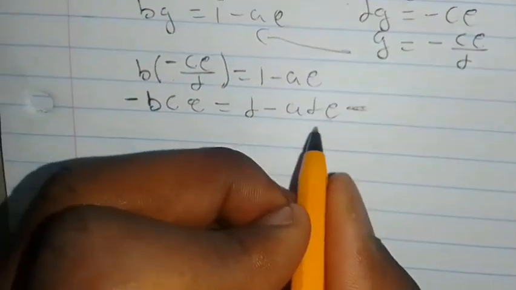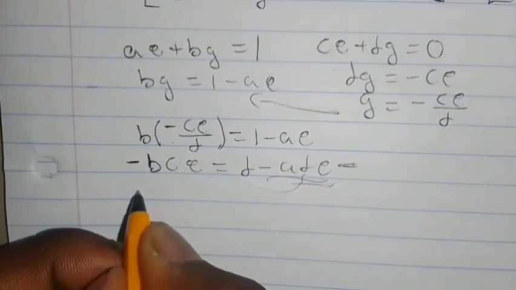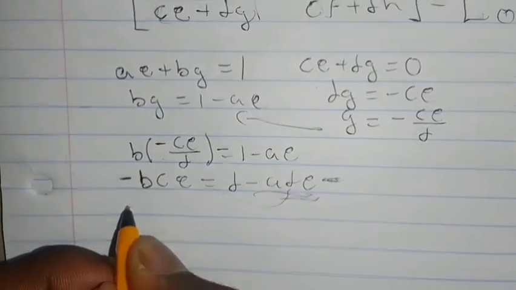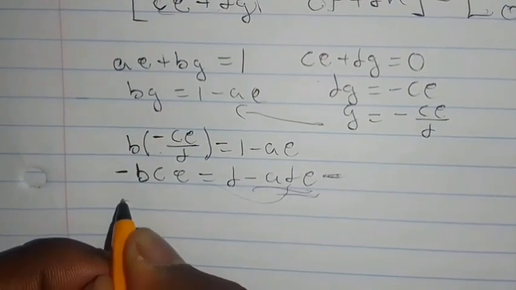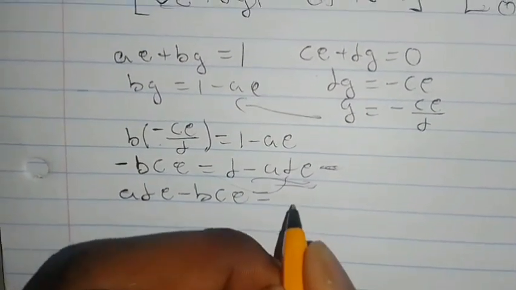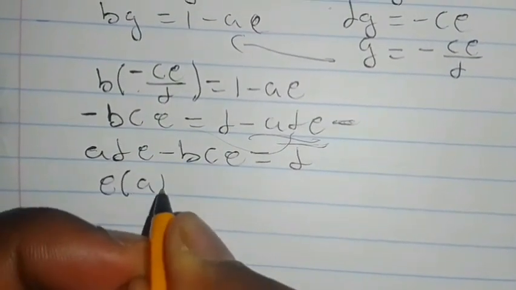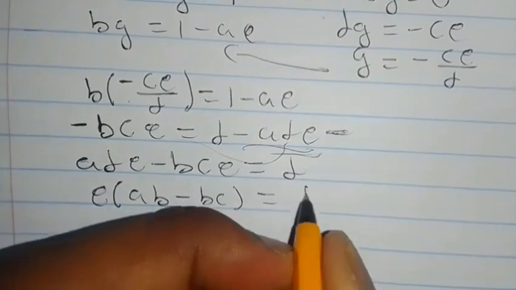Then we take the e terms to one side, so we have ade minus bce equals d. Then we factorize by e, so we have e times (ad minus bc), and this will be equal to d.